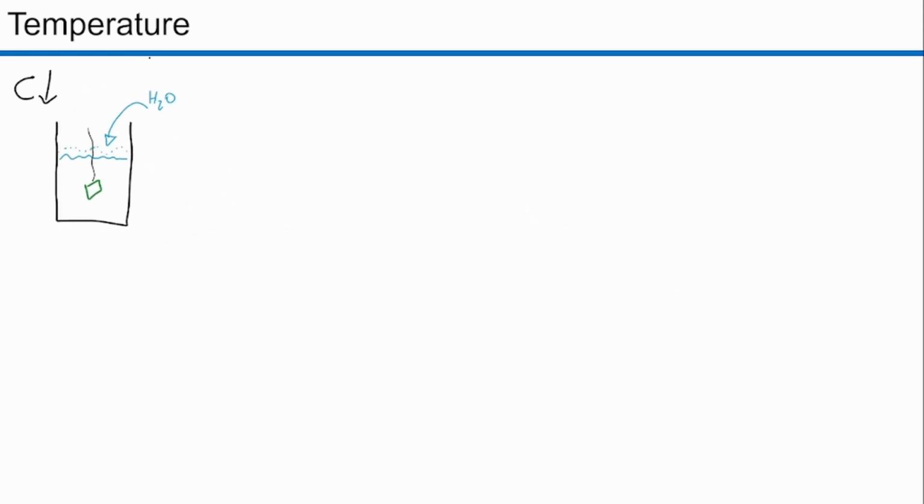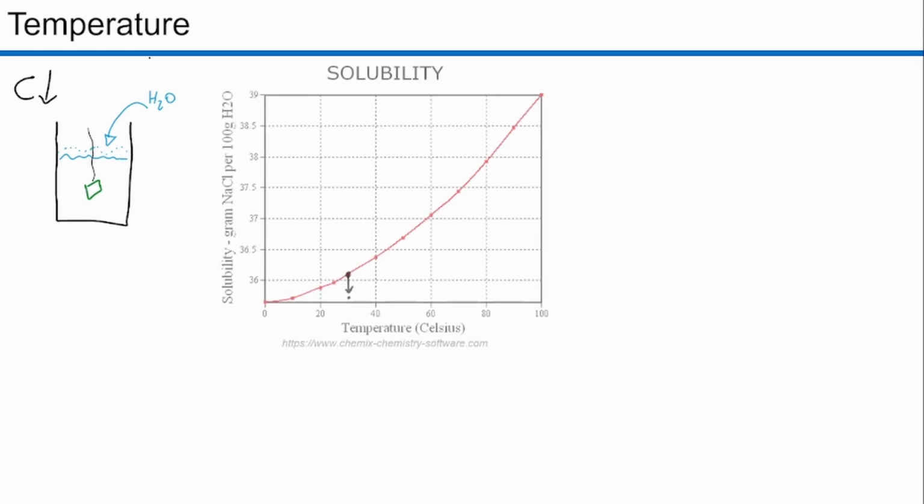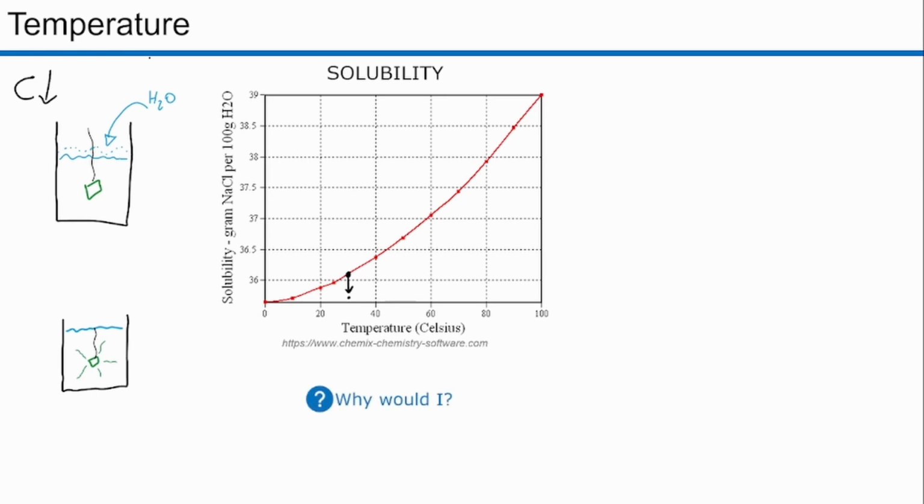Okay, so we talked about how temperature can change your concentration, but of course, if you add water to your solution with your crystal inside, you also go down the solubility curve, and then your crystal would start to dissolve and vanish slowly. Then, my dear viewer, you might ask me, oh, wait, why would I add water to my solution?